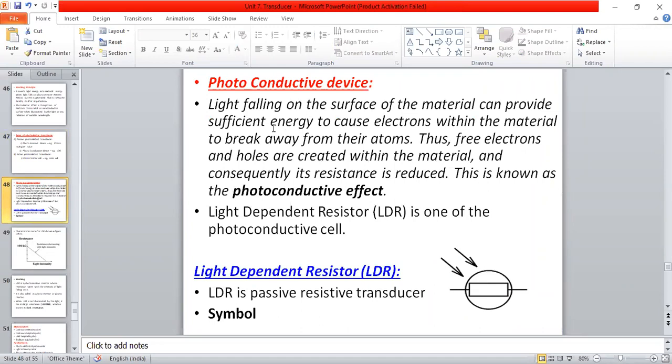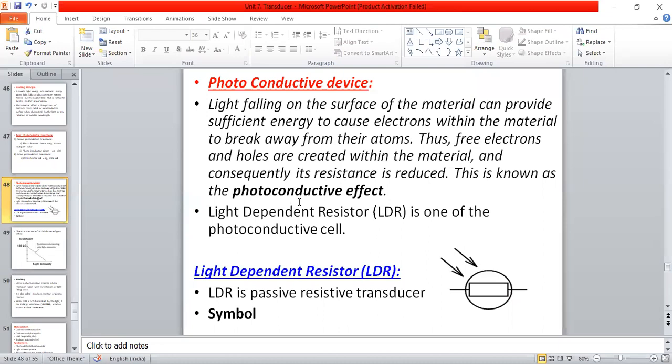The photoconductive device works like this: whenever light falls on the surface of the material, it can provide sufficient energy to cause the electrons within the material to break away from their atoms. Each of you knows that atoms have protons, neutrons and electrons.